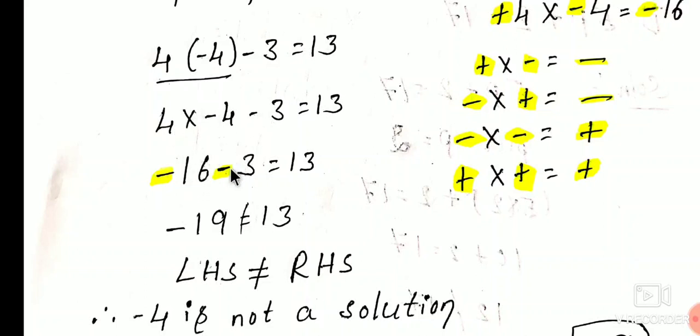Next is minus 3, that is equal to 13. So minus 16 minus 3. If the signs are the same during addition and subtraction, we should add. If the signs are different, then we have to subtract those two, from the bigger number to the smaller number.